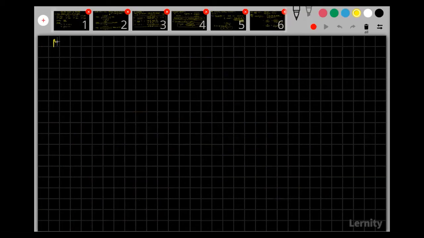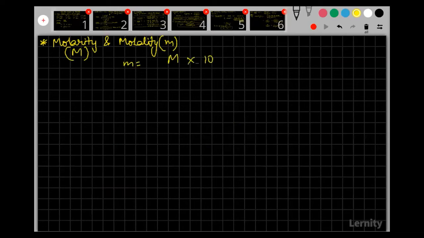What is the relation? These are the direct formulas giving the relation between molarity and molality. Molality I'll represent with small m and molarity with capital M. So small m, that is molality, will be given by molarity into 1000 divided by density of the solution into 1000 minus M into M prime.